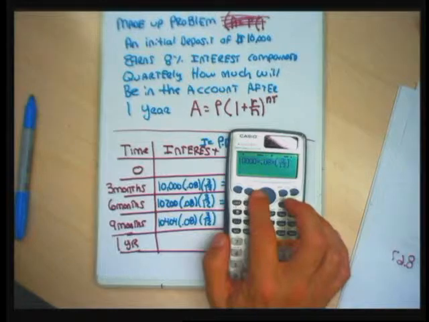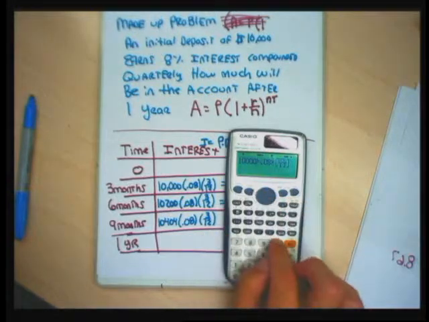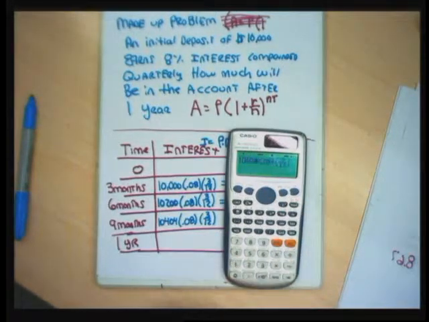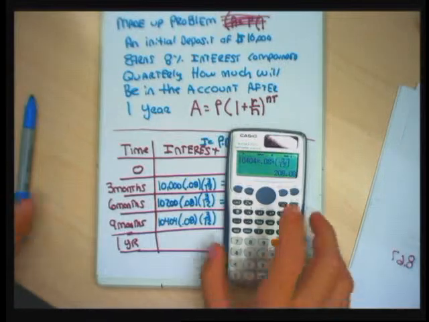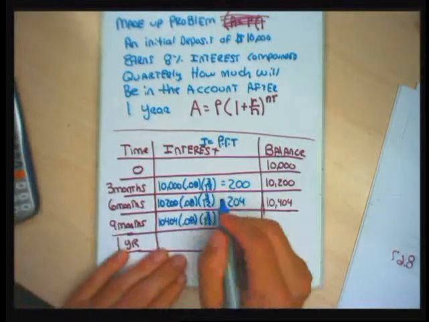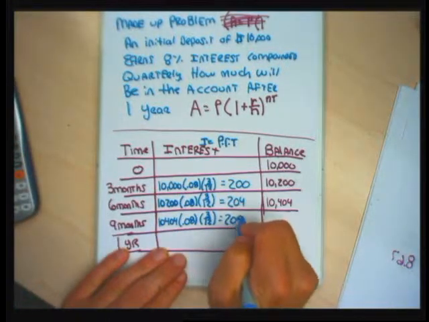Messed up here. 10,404 times 8% times 3/12 of a year. I need money to be 2 decimals, so I'm going to hit the SD button. I get $208.08 worth of interest the third time I get interest.